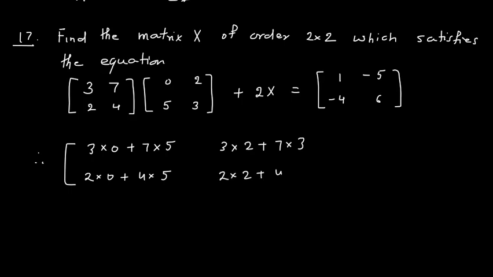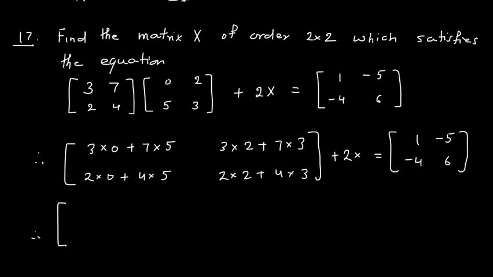Plus 2x is equals to, on right hand side we have 1, minus 5, minus 4 and 6. So therefore 3 into 0, this is 0. 7 into 5, 35. Now 3 into 6 plus 7 into 3, 21. 6 plus 21.